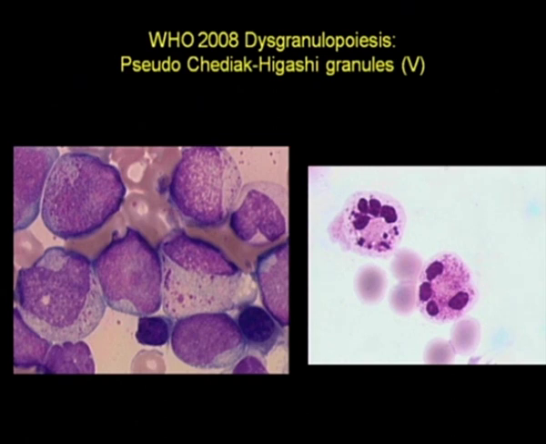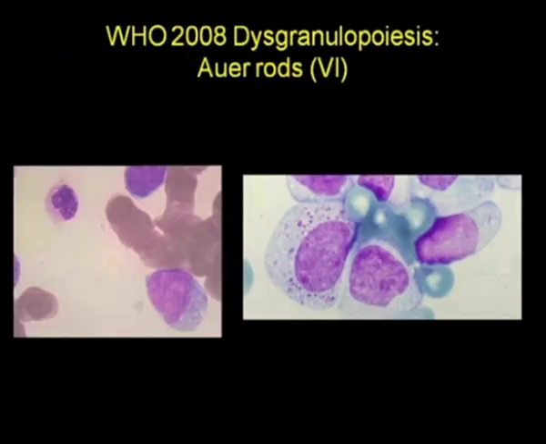And again, in the context of granulopoiesis, the presence of coalescent granules, pseudo-Chediak-Higashi granules. Auer rods: the presence of Auer rods. This is one Auer rod, this is another Auer rod.